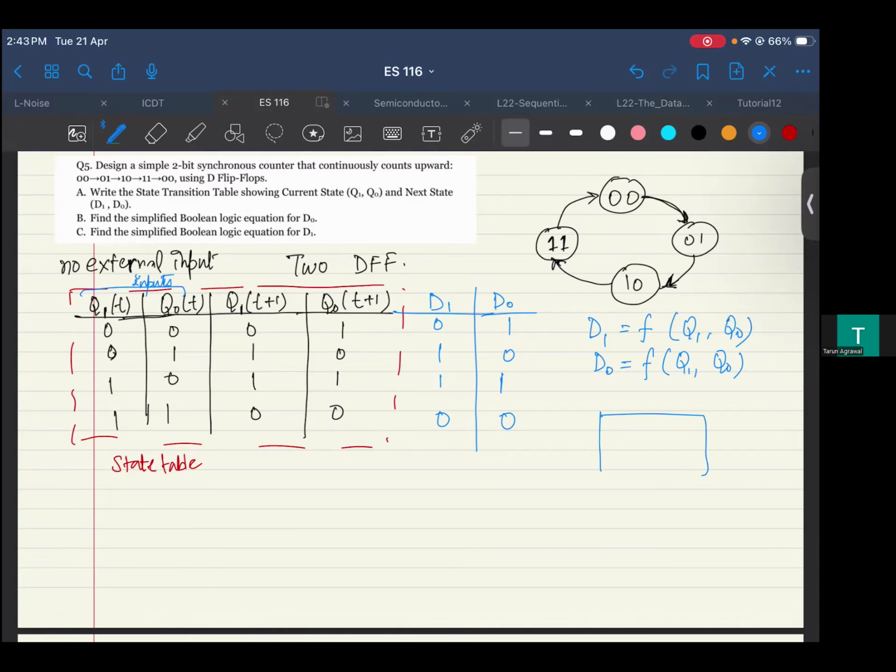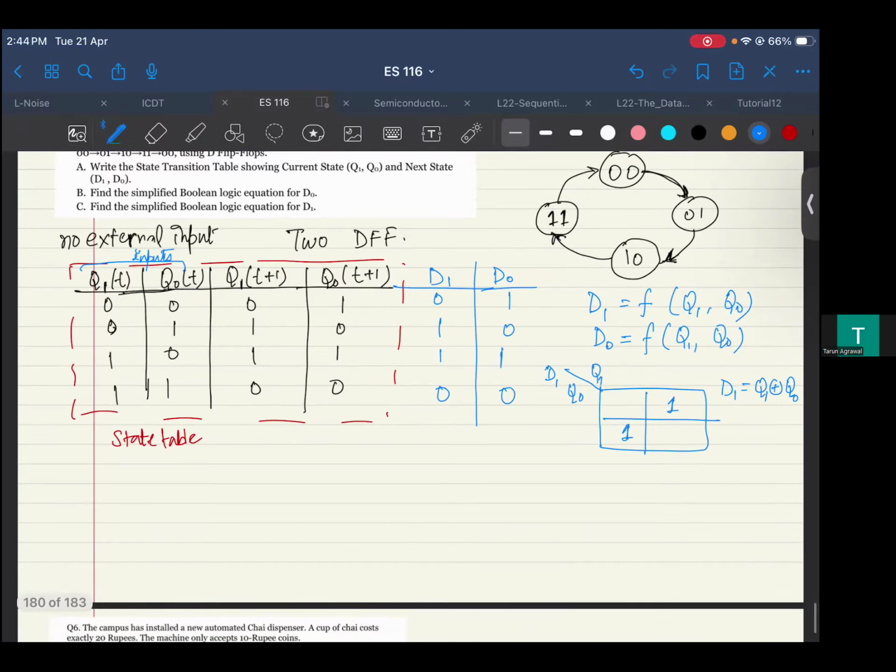If you do the Karnaugh map for D1, representing it in terms of Q0 and Q1, you will see that the entries you get are the diagonal entries, which gives you that D1 is the XOR of Q1 and Q0.